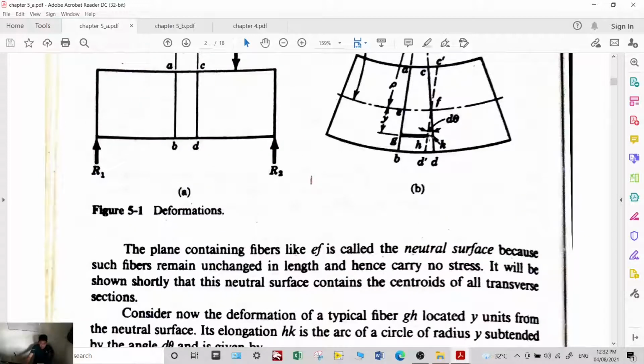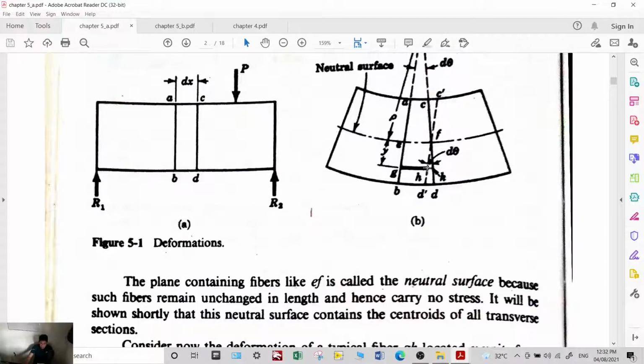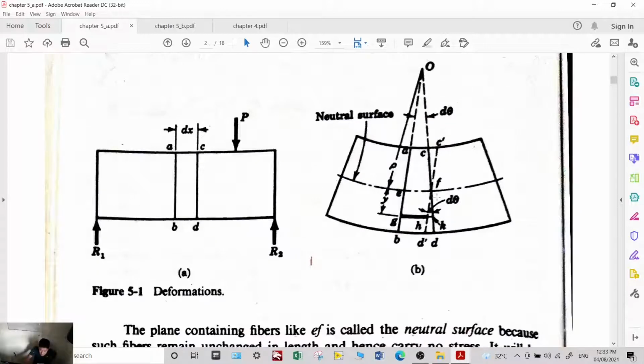What is the value of HK? It is equal to, considering the curvature of the beam, if the beam has a curve with a small angle d theta.